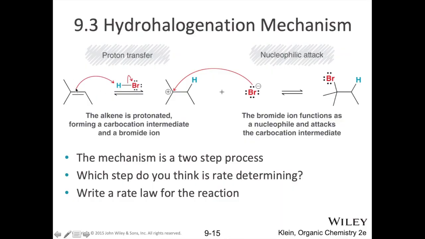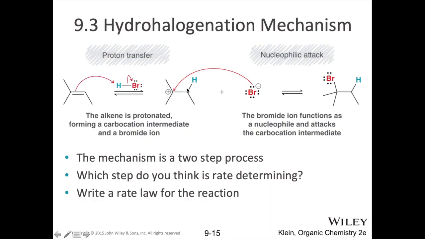Now, when it picks up the proton, you've got two options for which carbon can pick up the hydrogen. If the carbon on the right picks it up, notice that we form a tertiary carbocation here. What would have happened if this carbon on the left had picked up that proton? Well, this carbon over here has only two carbons attached to it, so this would have been a secondary carbocation.